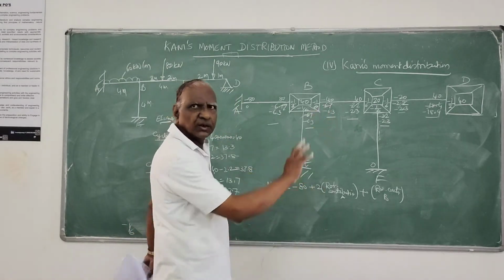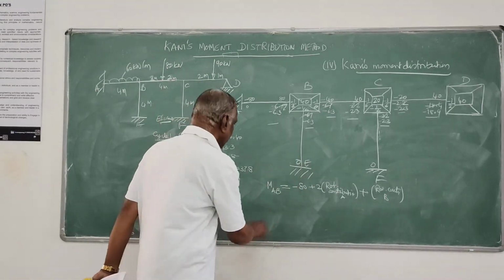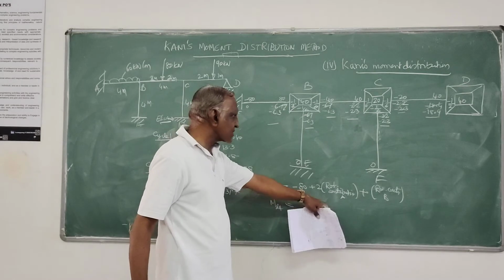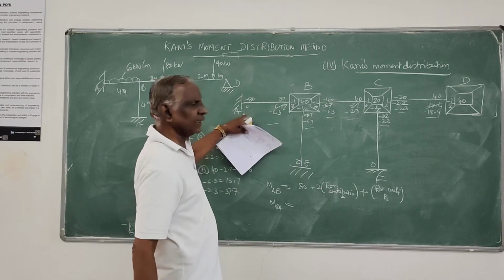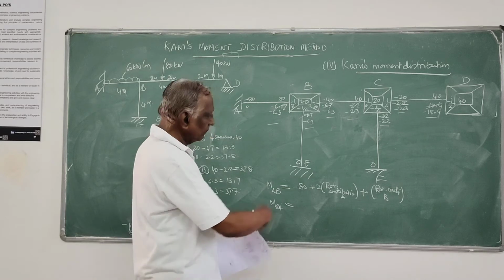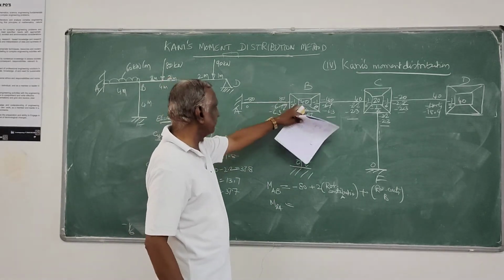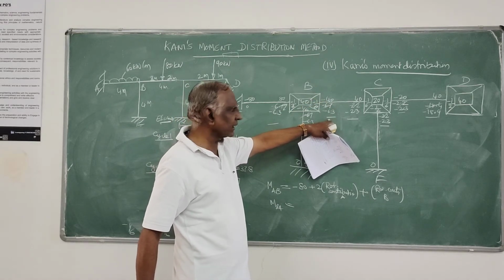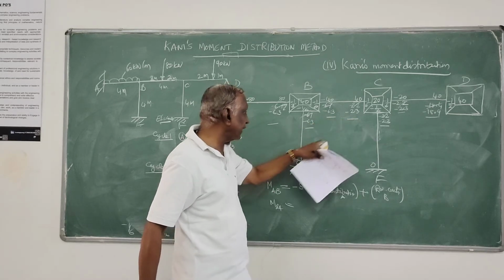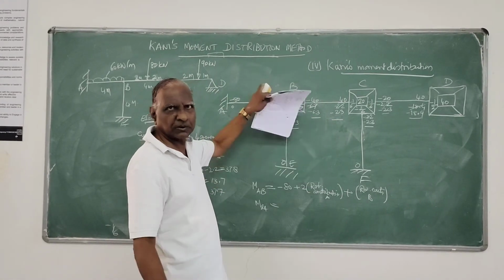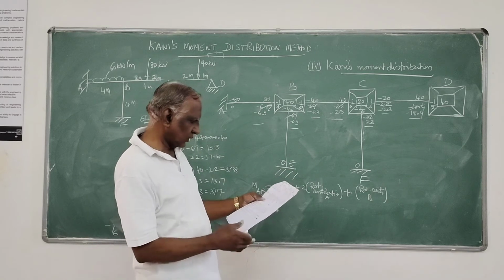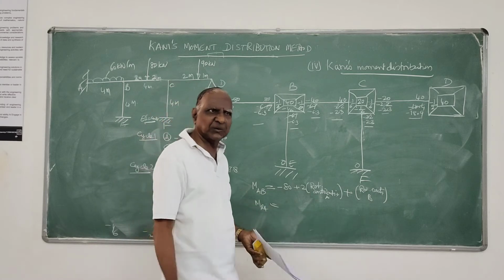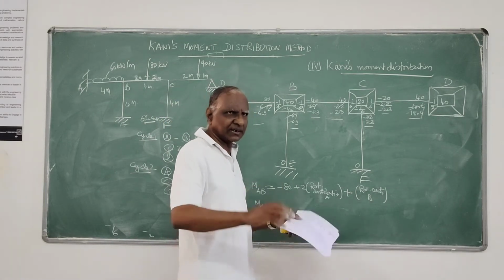With that minus 80, you will get MAB. On the same lines, MBA will be plus 80, plus twice the rotation contribution at B, plus the rotation contribution at the further end, which is 0. For BC, it is minus 40 plus twice the rotation contribution at this end, and here also 0 contribution from further ends. This you can complete. Of course, the answer you can verify; I will circulate it to you, and you can verify at the end after concluding.